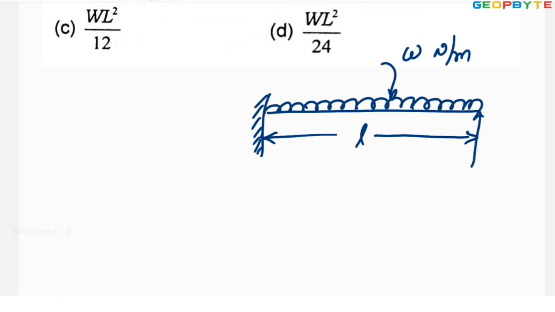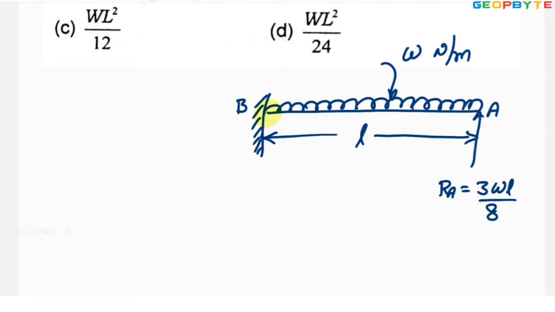If I assume A be the propped end, B be the fixed end, the reaction at A is equal to 3WL by 8. That is the reaction at the propped end. You are asked to find the bending moment at the fixed location.